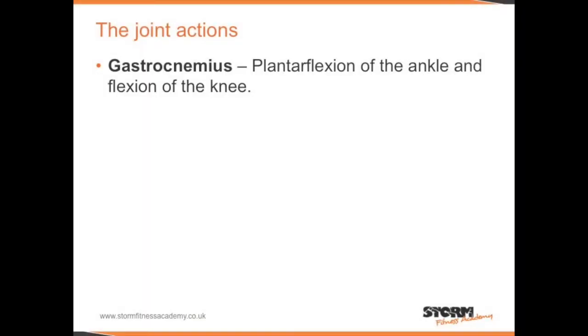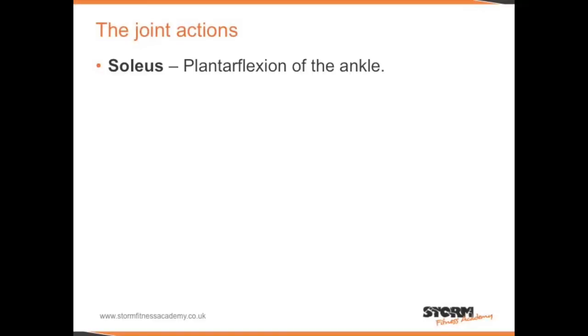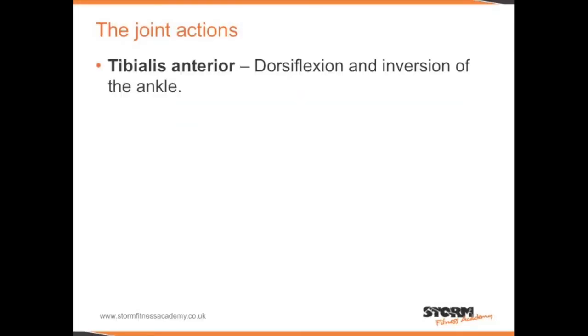The gastrocnemius is responsible for plantar flexion of the ankle and flexion of the knee. The soleus is responsible for plantar flexion of the ankle. The tibialis anterior is responsible for dorsiflexion and inversion of the ankle.